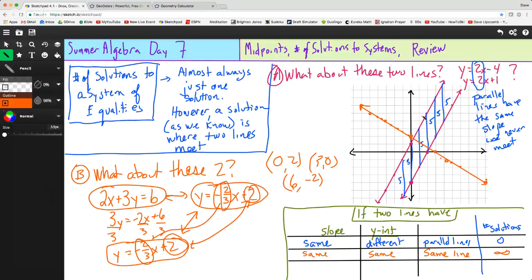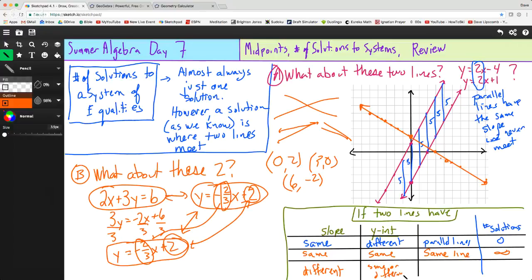Okay, so what can we say about most pairs of lines? Most pairs of lines that cross in space, and I think you can kind of see this, have different slopes. If a line has a different slope, it doesn't matter how close the slopes are together, they will eventually meet at some point. If two lines have different slopes, then the y-intercept can be the same or different, doesn't matter.